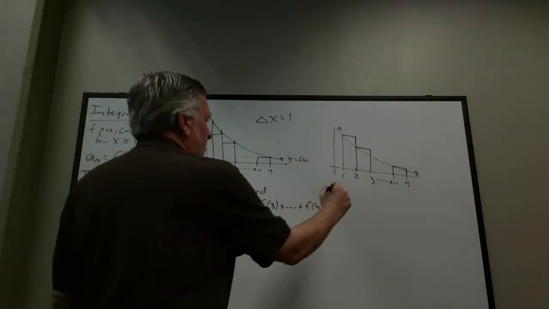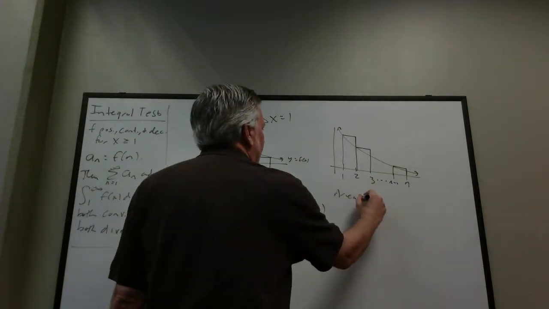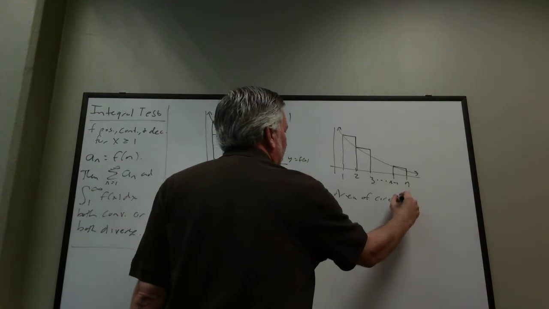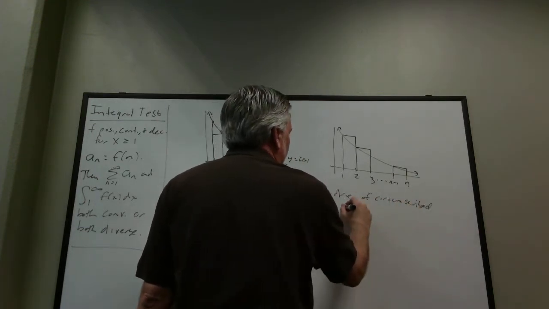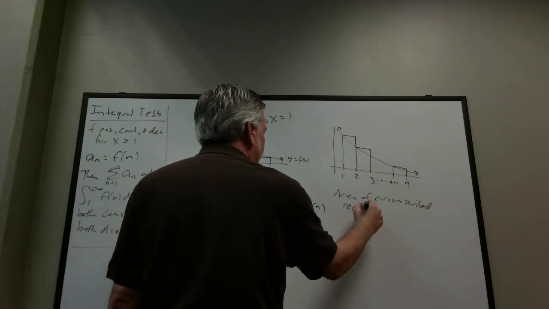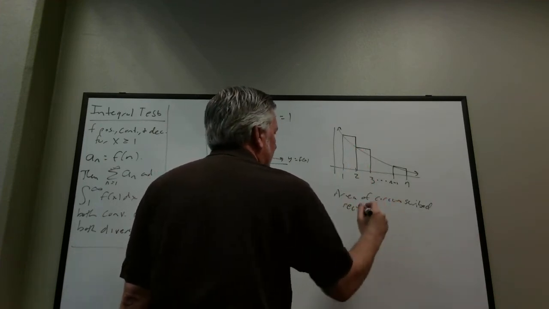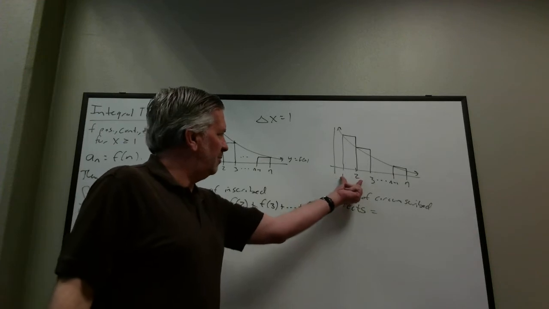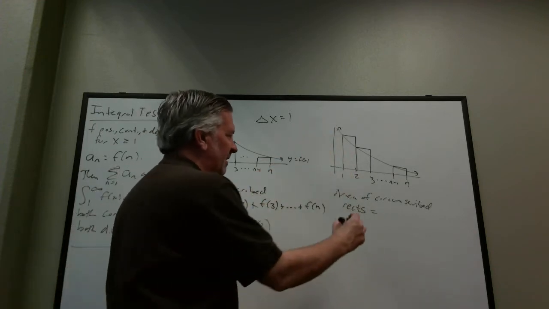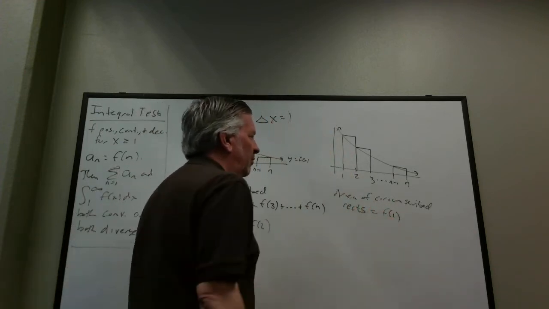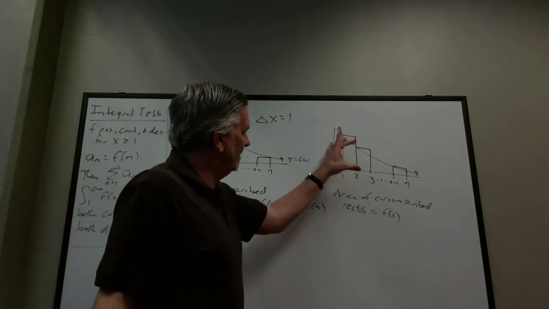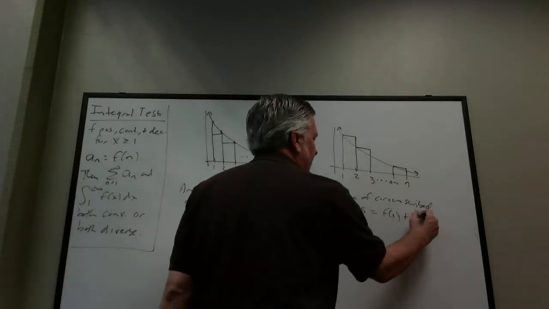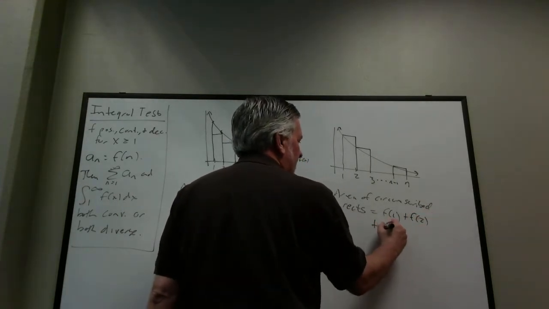If we do the same argument here, the area of the circumscribed rectangles, so that means they're outside, is, again, the base is 1, so base times height. The height of the first rectangle is f of 1, so f of 1 is the area of the first rectangle, plus base 1 times the height of the second rectangle, f of 2, so that's the area of the second rectangle.